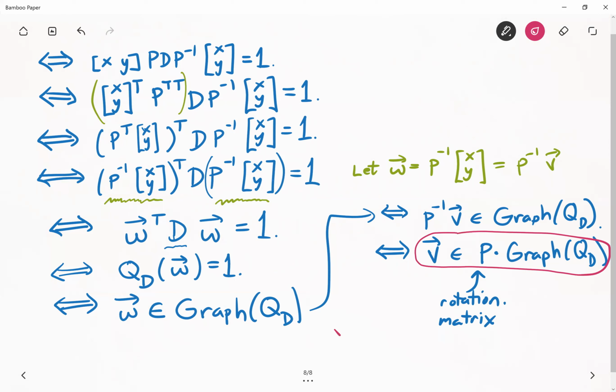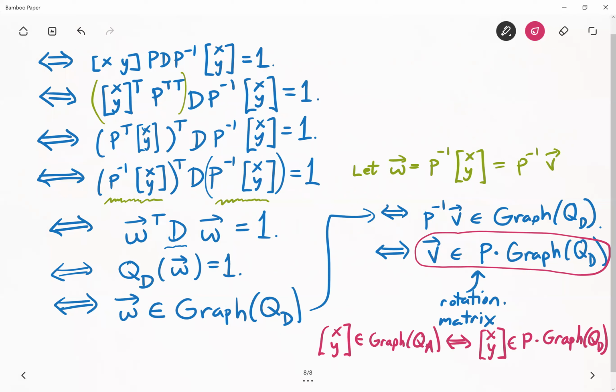So to summarize, XY is an element of the graph of QA, the original quadratic form, exactly when XY is an element of the rotated graph of what we're going to see is a simpler quadratic form.